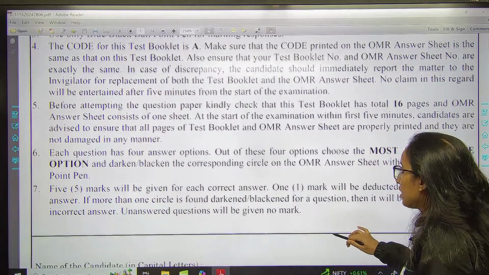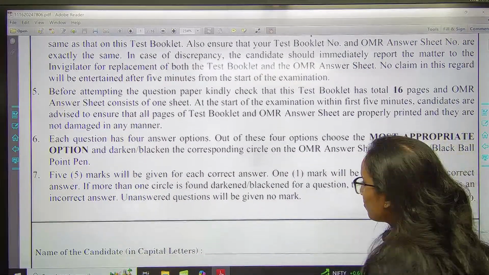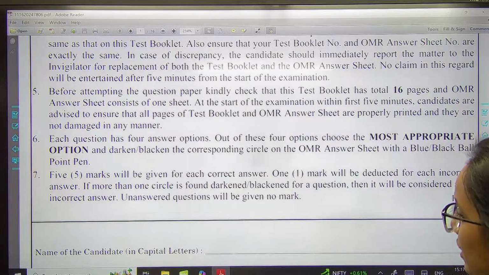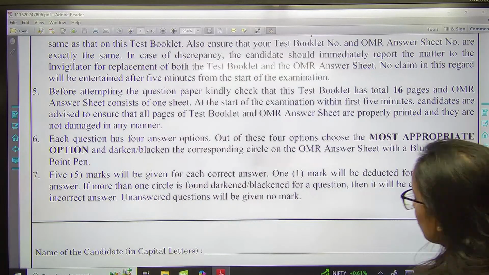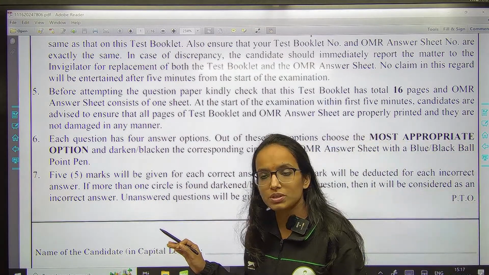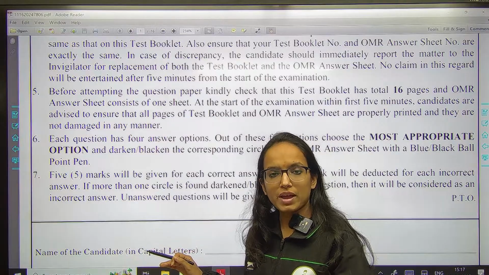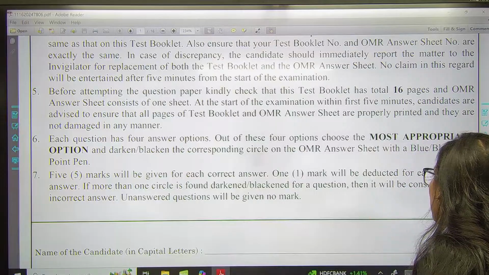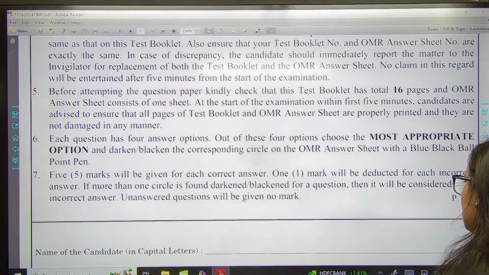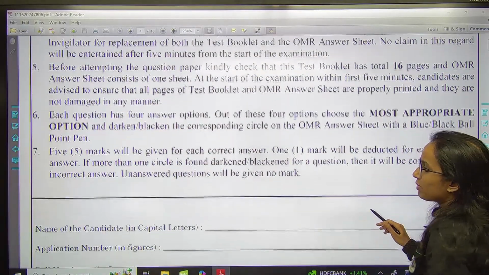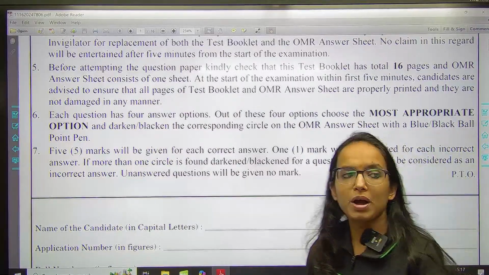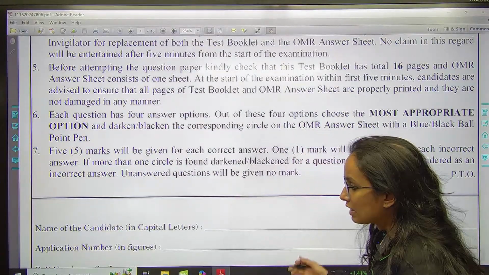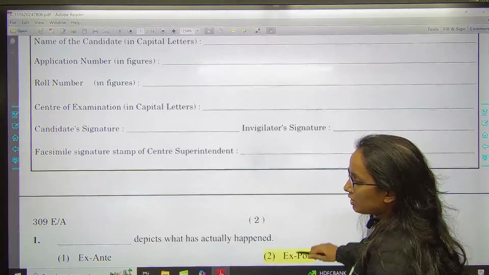Of course there will be negative marking: 5 marks for each correct answer, because 40 questions times 5 is 200 marks, and 1 mark will be deducted for each incorrect answer. This is the examination pattern.